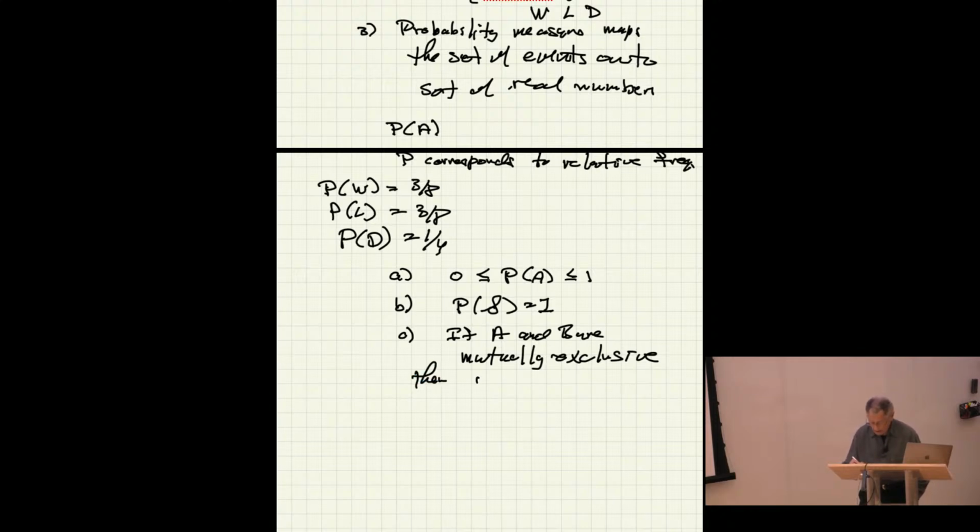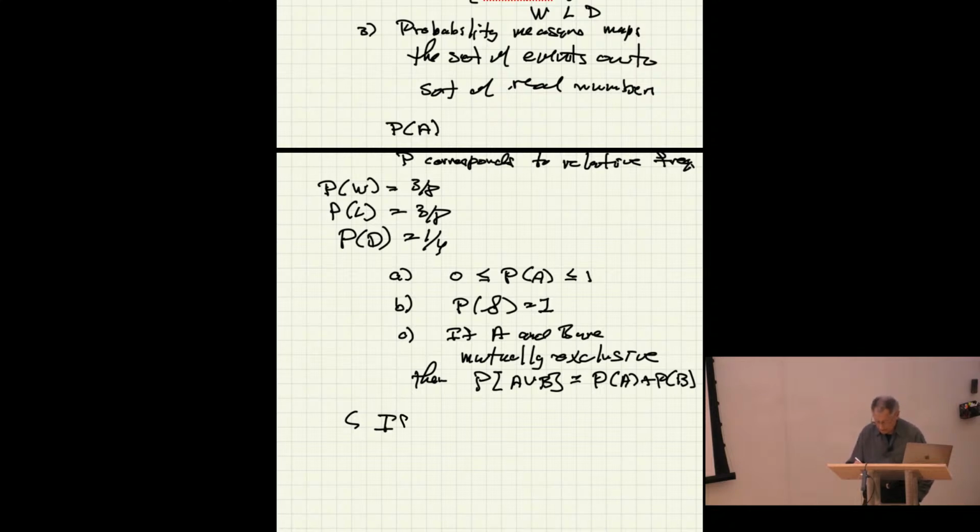Then the probability of event A or event B is the sum of the probabilities. It's equal to P of A plus P of B. And in parentheses, we'll define mutually exclusive as follows.